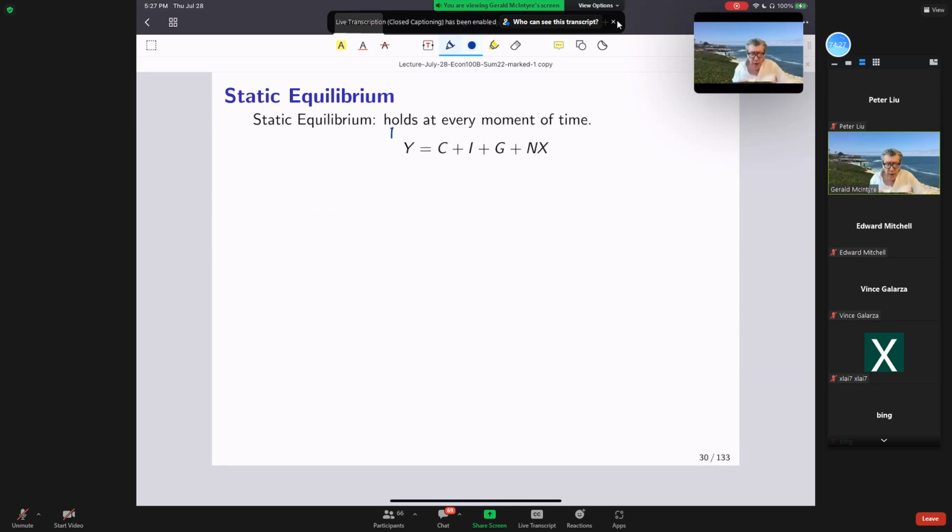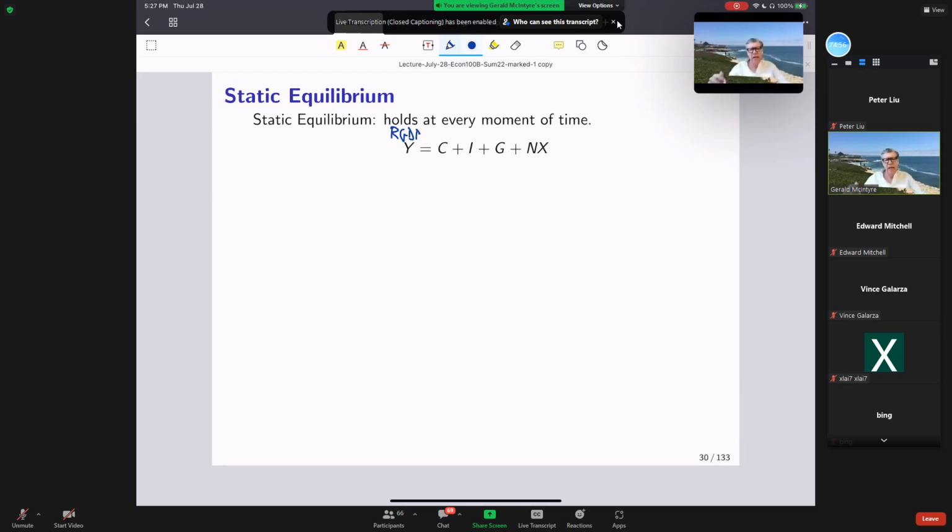Real GDP will be purchased partly by consumers for consumption, partly by businesses as business investment, partly by government spending on goods and services, and partly on net exports. Some of these goods that we've produced will be exported and others will be imported. That's net exports. This is the famous equation from Econ 2. It's called the National Income Accounting Identity.